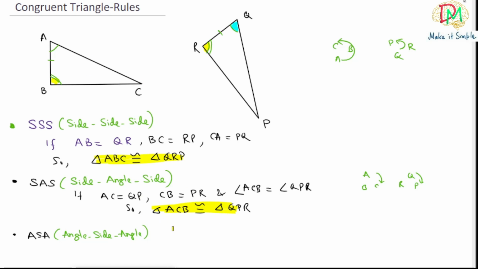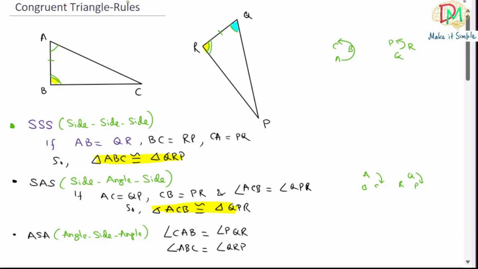Here angle CAB is equal to angle PQR because they are identical, and angle ABC is equal to angle QRP.